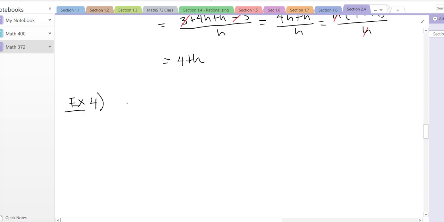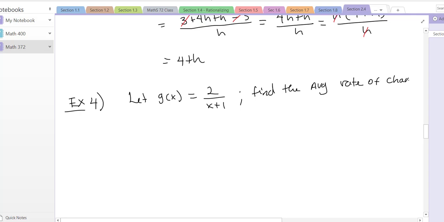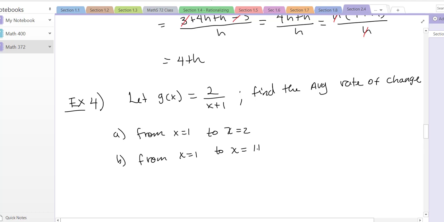So this is my fourth example. Say g of x equals 2 over x plus 1. And let's find the average rate of change, part A from x equals 1 to x equals 2, and part B from x equals 1 to x equals 1 plus h.